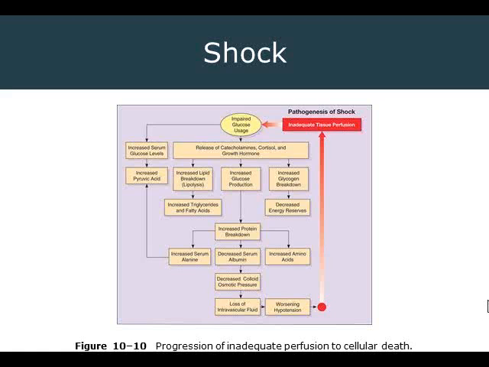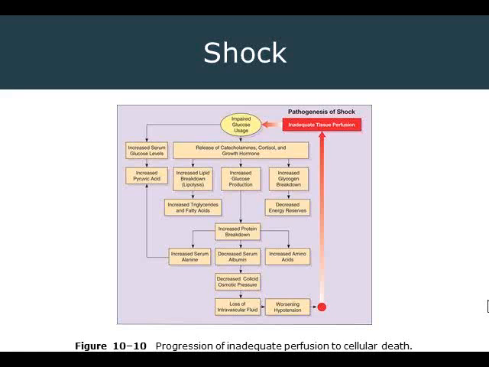So this chart, and it's also found on page 248 in your text, is really a very good representation of the whole shock pathogenesis, or the process of pathophysiology of shock. It starts with inadequate tissue perfusion in the red box there.